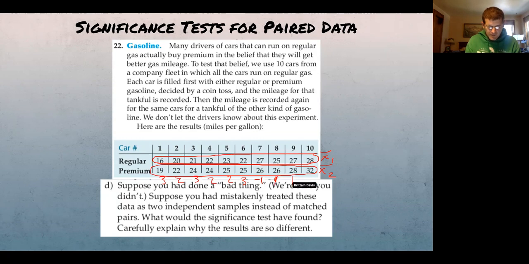But within each group, if I consider the X bar sub 1 group, the regular, there's a lot of variation there. It goes down from a low of 16 up to a high of 28. Premium goes from a low of 19 up to a high of 32. There's not very much variation when we get the differences.